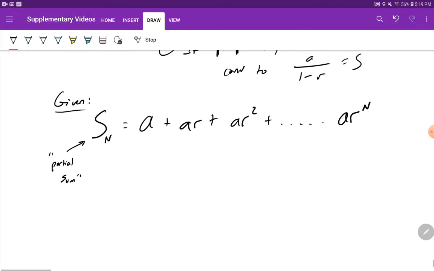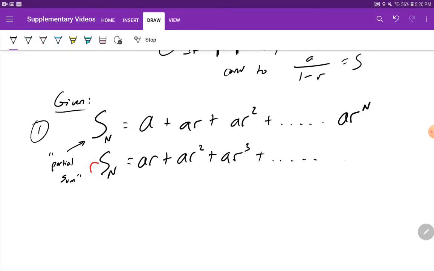Then all I'm going to do is take this line right here, label this line 1, and multiply it by r. What would I get? I'm essentially multiplying each term by r. So it becomes ar plus ar squared plus ar cubed plus and so on, plus ar to the N plus ar to the N plus 1, because I'm multiplying everything.